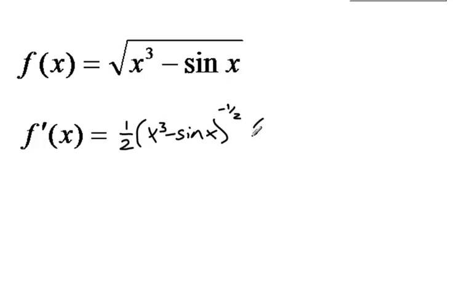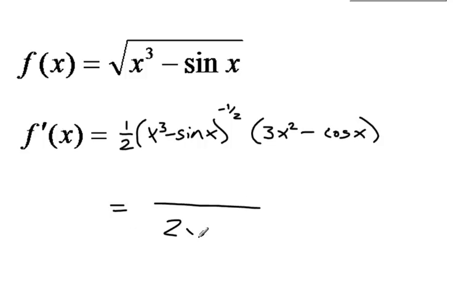Take the derivative of the inside, 3x squared minus derivative of sine is cosine x. And there we go. That's it. You could rewrite it with 2 square root x cubed minus sine x and leave the 3x squared minus cosine x on top. And that's another nice way to write the same answer.